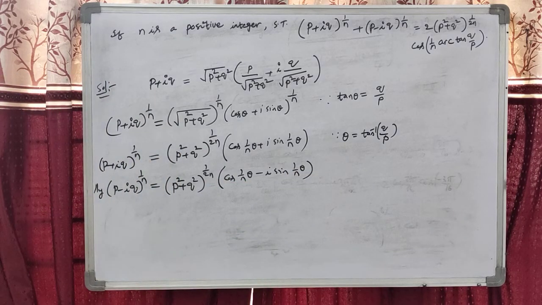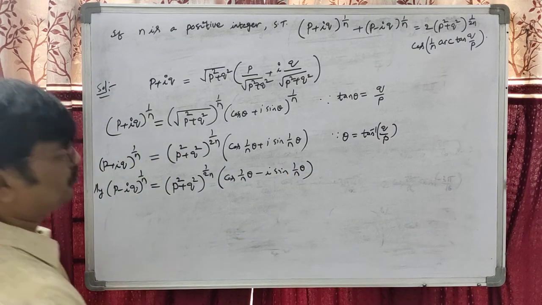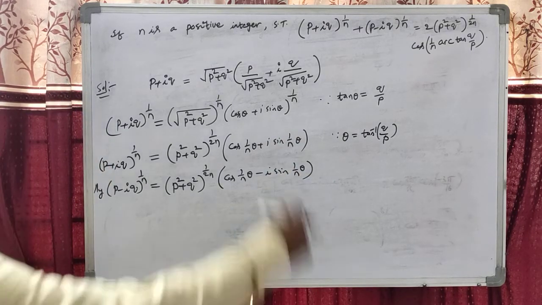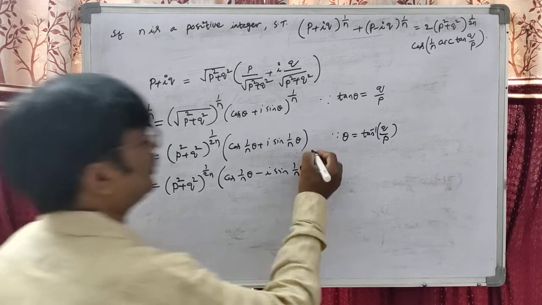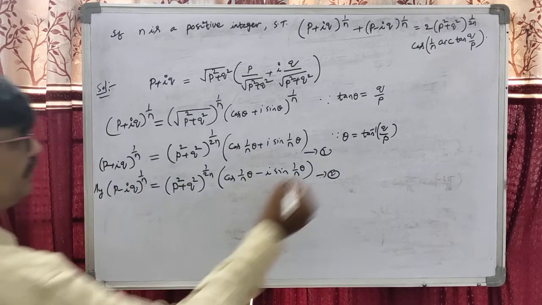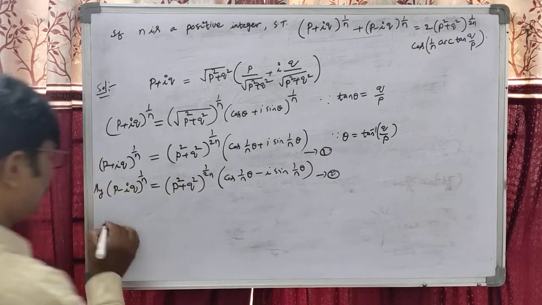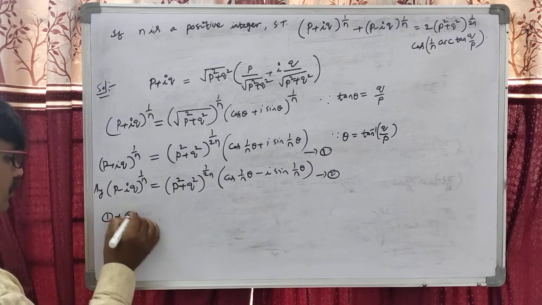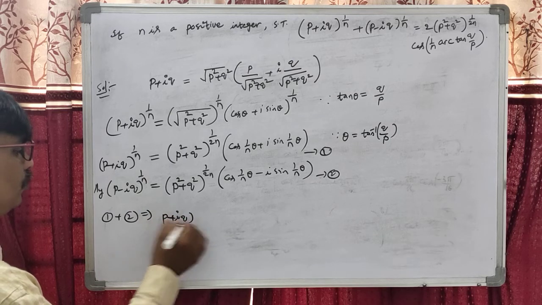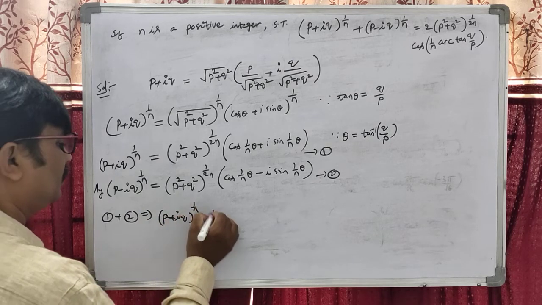So this is, students, how can you write? The sum of these two are cancelled. What is this, students? These two are cancelled. This will be the sum 1 plus 2. That implies (p + iq)^(1/n).